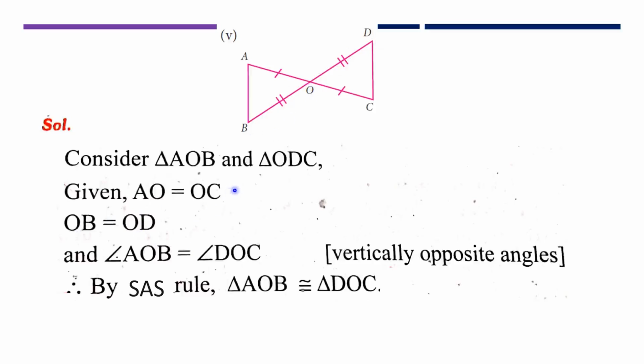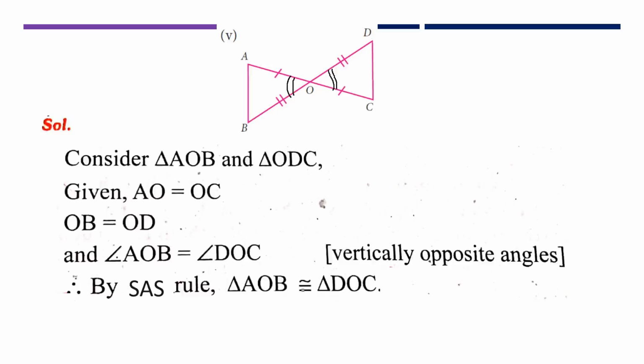So two sides are given. Already we know, like the previous sum, here also these two are intersecting lines. Therefore the angle formed at the center is O only, and vertically opposite angles are equal here. So angle AOB is equal to angle DOC, since these two are vertically opposite angles.